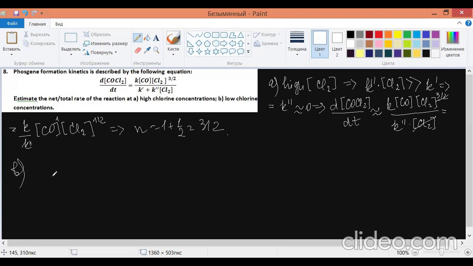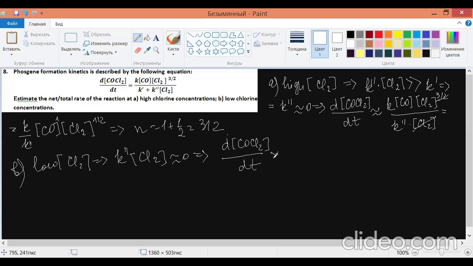Now, in B, at low chlorine concentrations, we can neglect K double prime times chlorine concentration, and for that reason, this kinetic equation can be written this way. The denominator is the same.